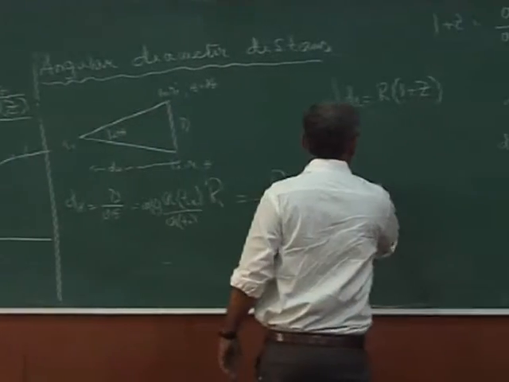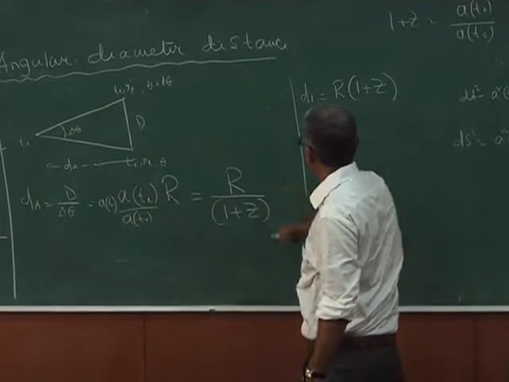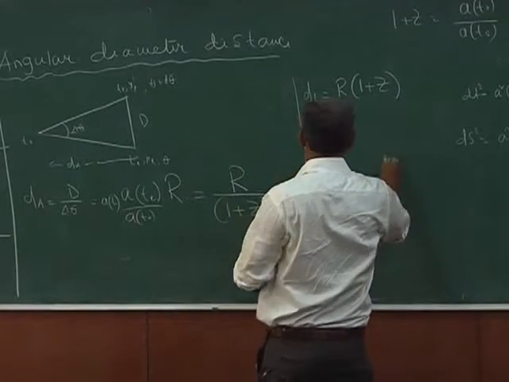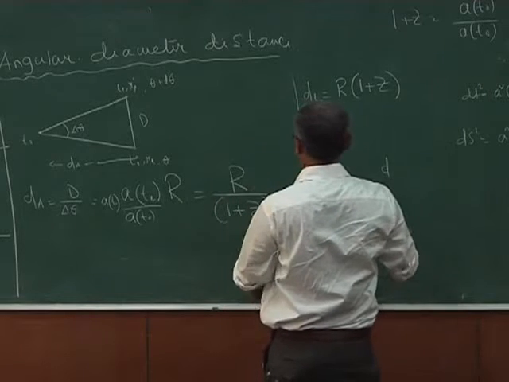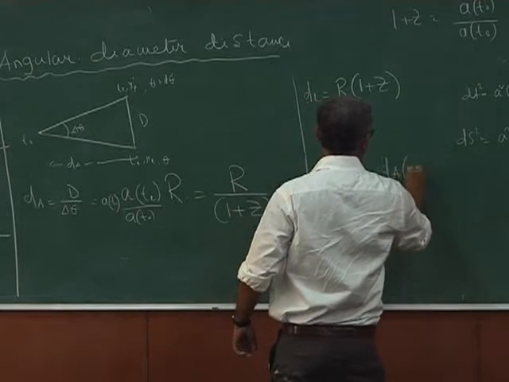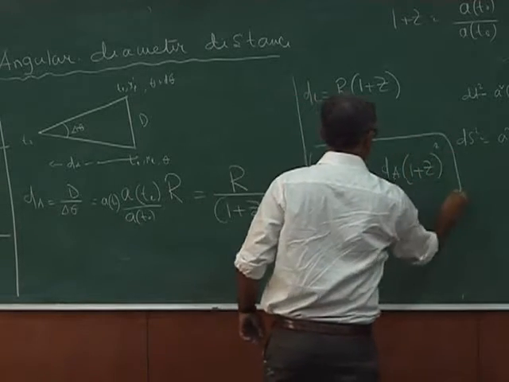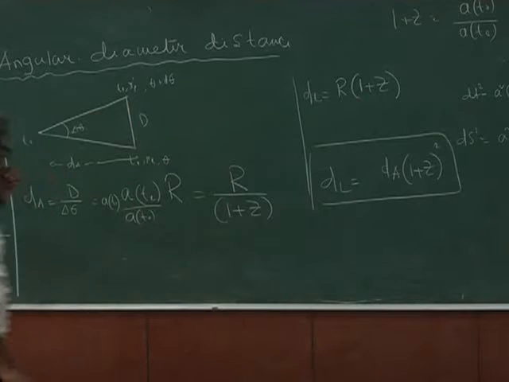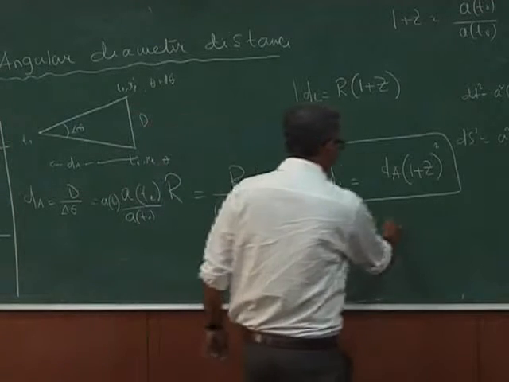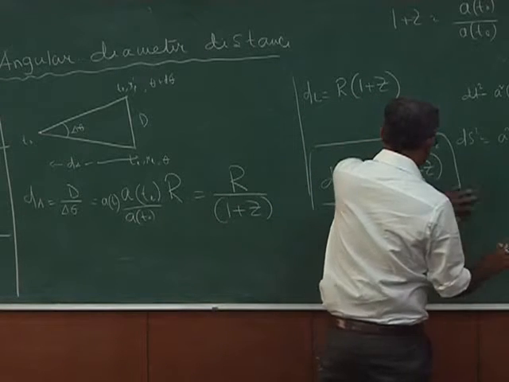One can see that r is dl by 1 plus z, and r is also dA into 1 plus z, so dl is dA into 1 plus z square, fine. This is sometimes called the cosmic duality relation, or distance duality, you can call it.